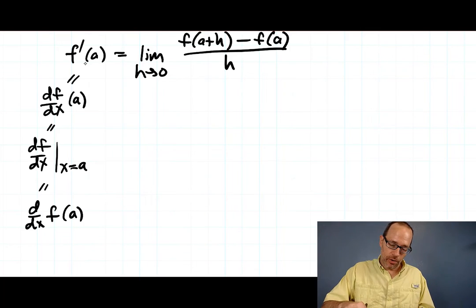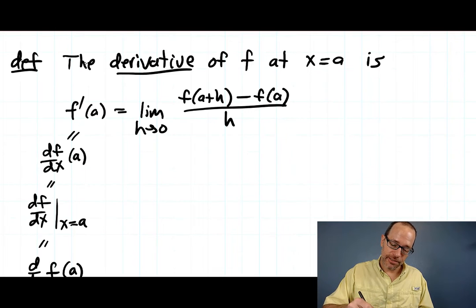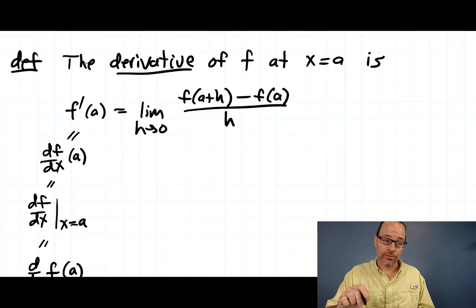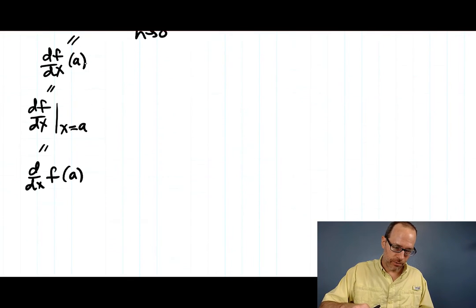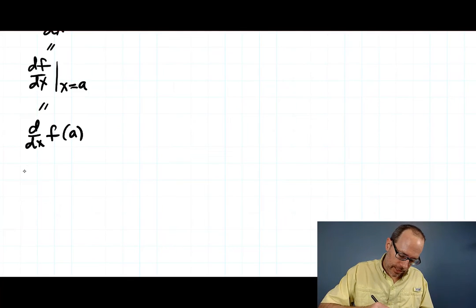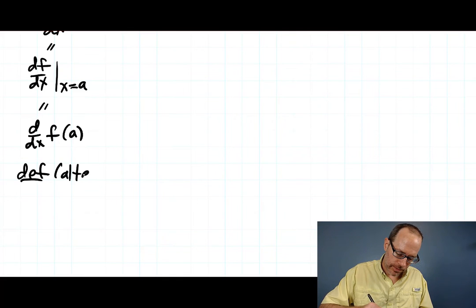All right, so remember, the derivative is the limit as h goes to 0 of f of a plus h minus f of a all over h. There's an alternate way to write it. So alternate version.